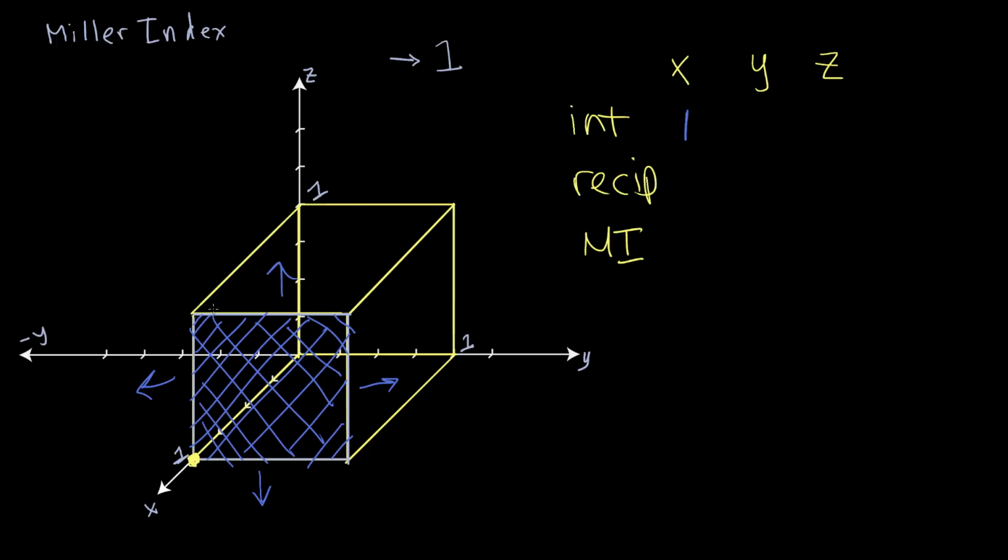And you can imagine that it's never going to actually intersect the y or z axes. So we have to kind of cheat to account for this. The convention when we're working with Miller indices is that for a plane that does not cross a particular axis in our system, we say that it intercepts at infinity.